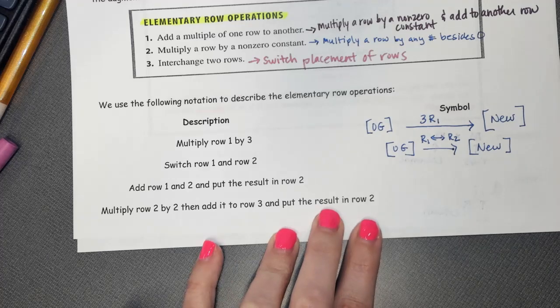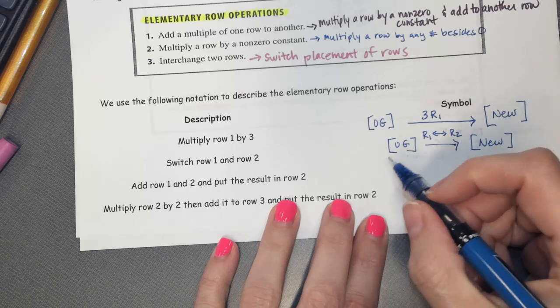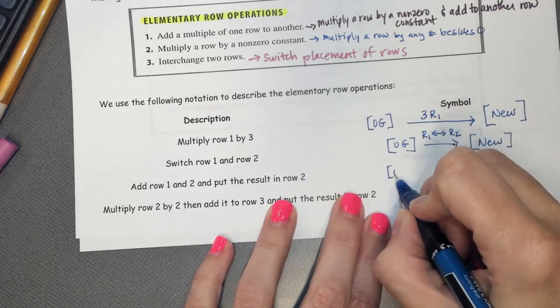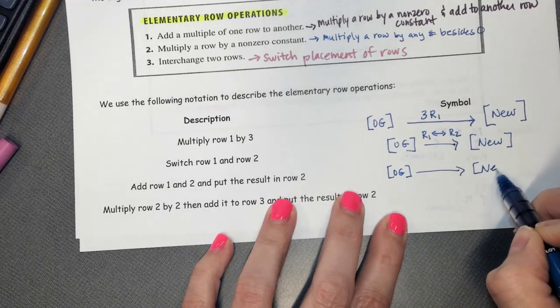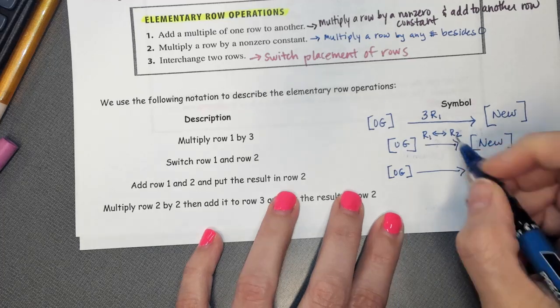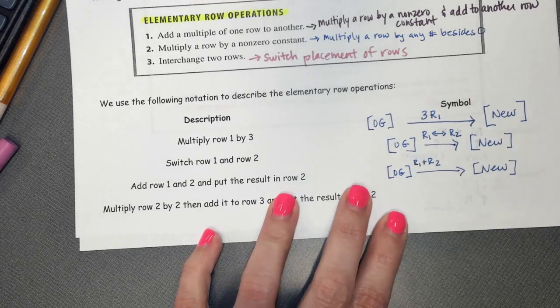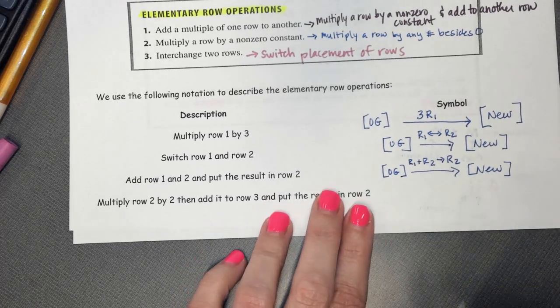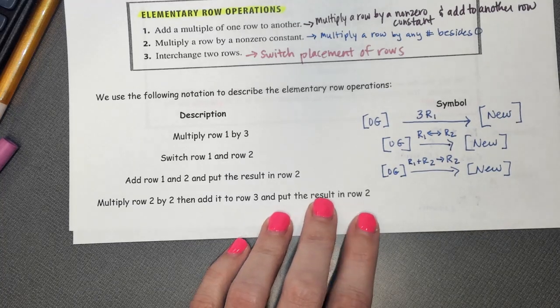So you have to say where it's going, because if you're adding 2 rows together, you could put the result in any one of those rows. Okay, so you have your original, we're going to the new, and then this is how you would say that. You're adding row 1 and row 2, and you are putting that in row 2.